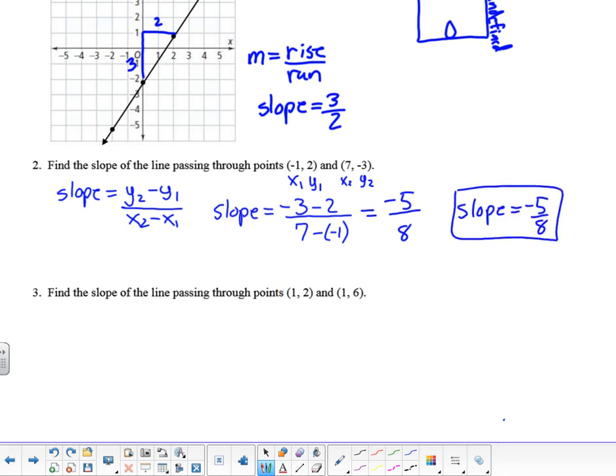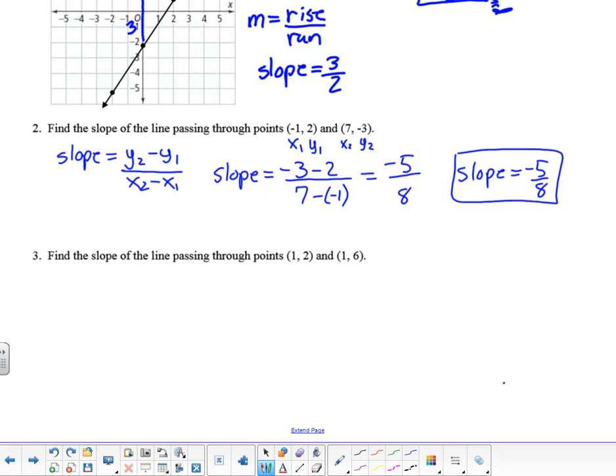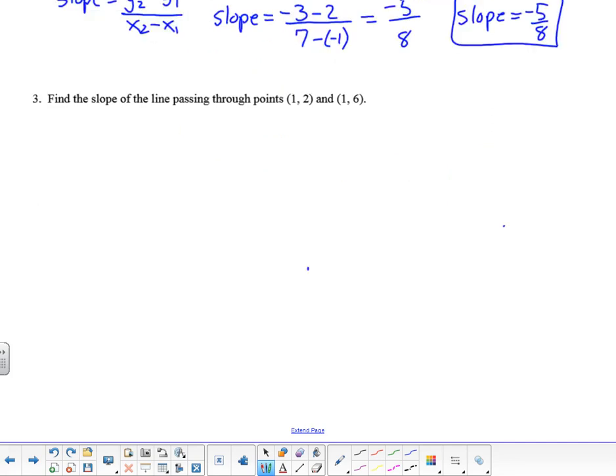All right, let's go ahead and do one more here. Start off by labeling our points, x1, y1, x2, y2. Okay, so the slope would be 6 minus 2 over 1 minus 1. So 4 over 0. Now we can't divide a number by 0. That is undefined.